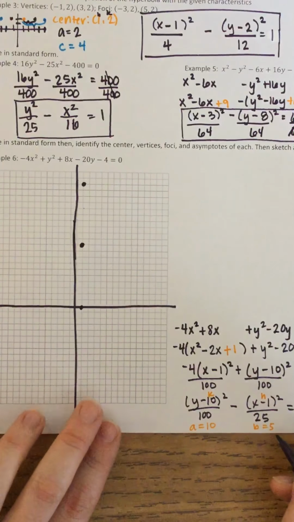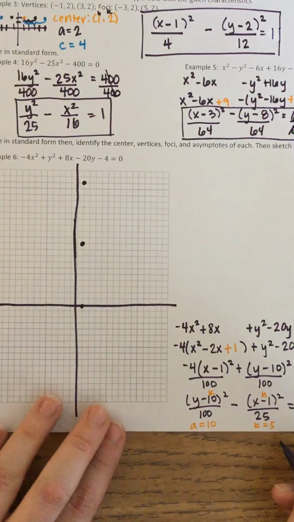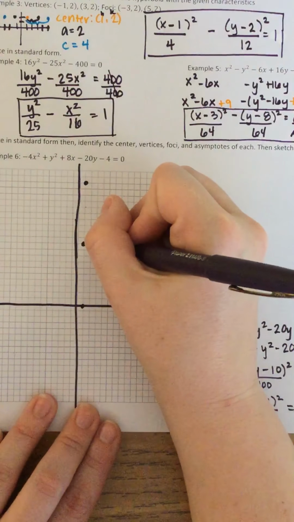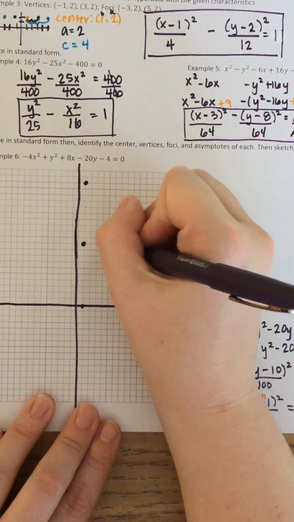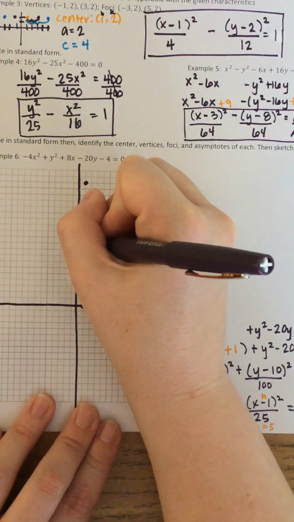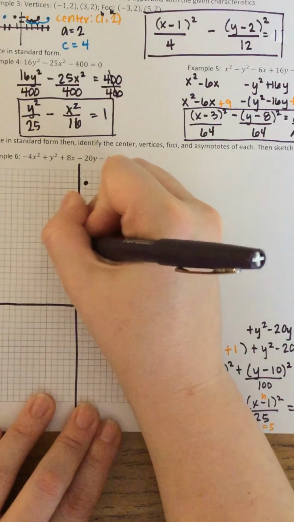Then I need the other points to help me draw my rectangle. So I'm going to be going left 5 and right 5. 1, 2, 3, 4, 5. 1, 2, 3, 4, 5.